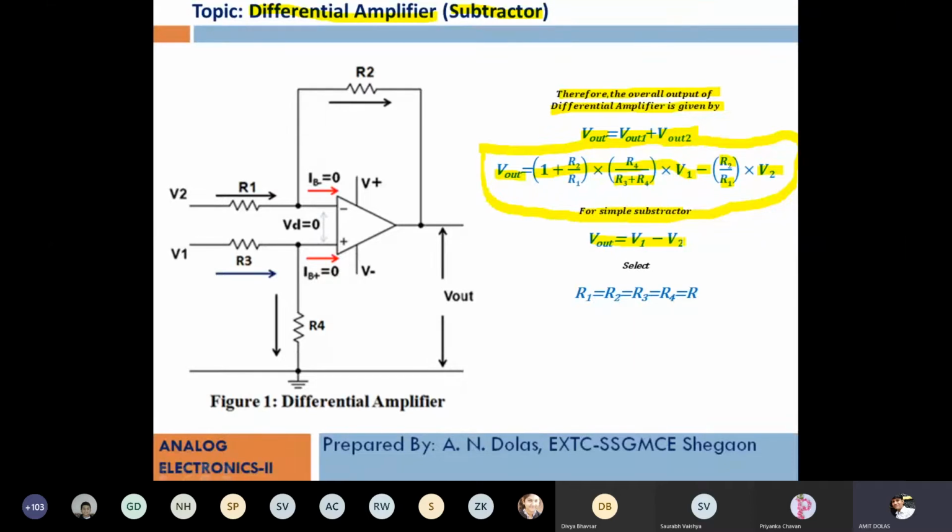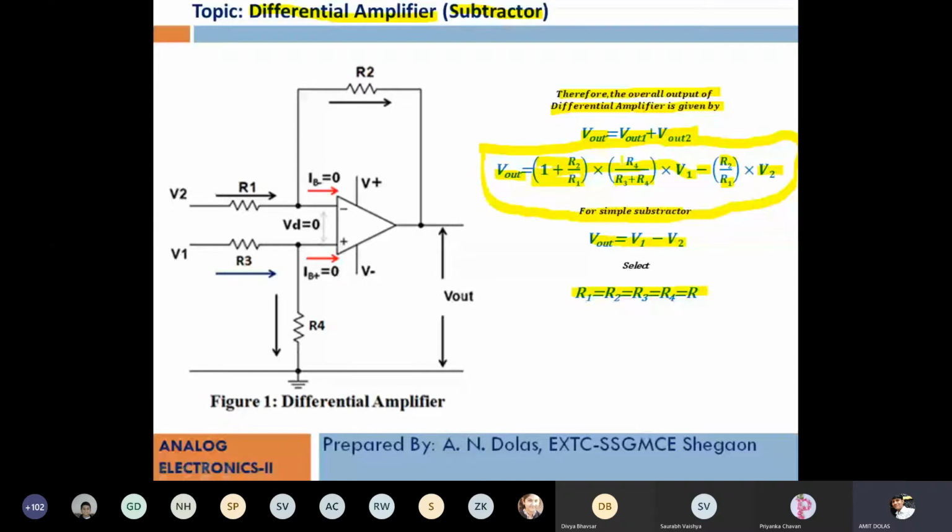For that, what do we need to do? We need to choose all the resistances equal. If I choose R1 equal to R2 equal to R3 equal to R4 equal to R, or say 10K, 5K, whatever, you can put the value R. Here it will be 1 plus R by R, so it will be 2. Here, 1 upon R upon R plus R will be 1 by 2.